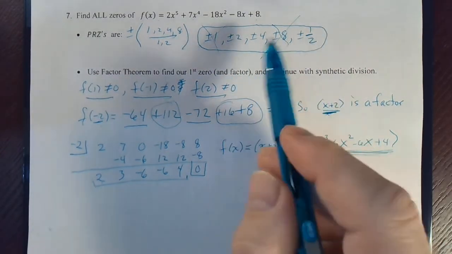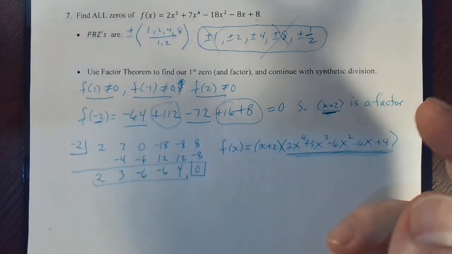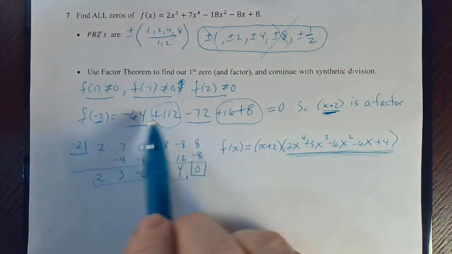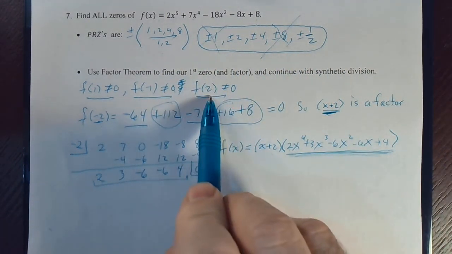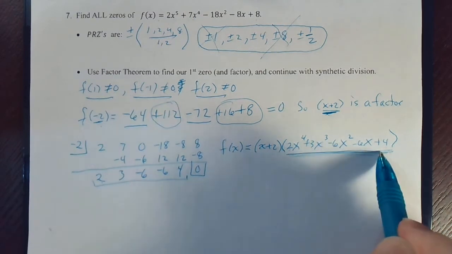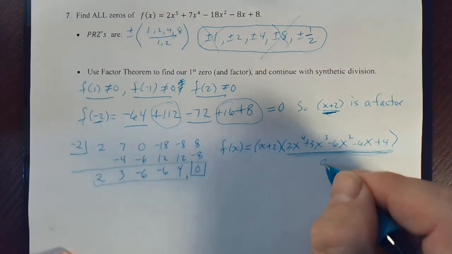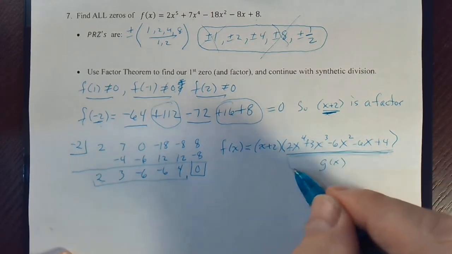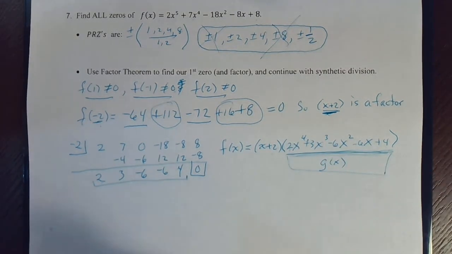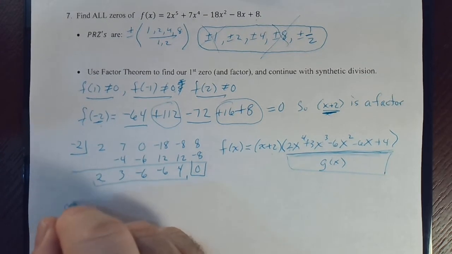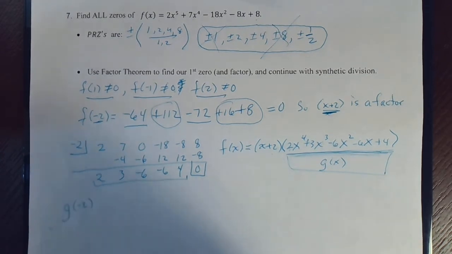All right, well, let's see, positive 2 failed, so positive 2 is not going to work. Let's try negative 2 again. I'm going to call this polynomial g of x, and I'm going to see what g of negative 2 is.